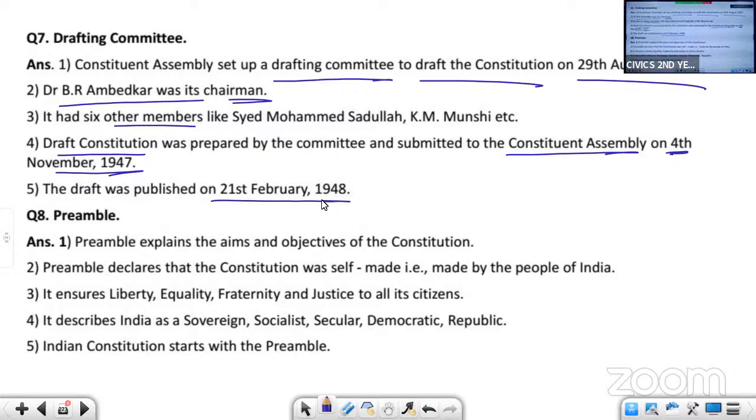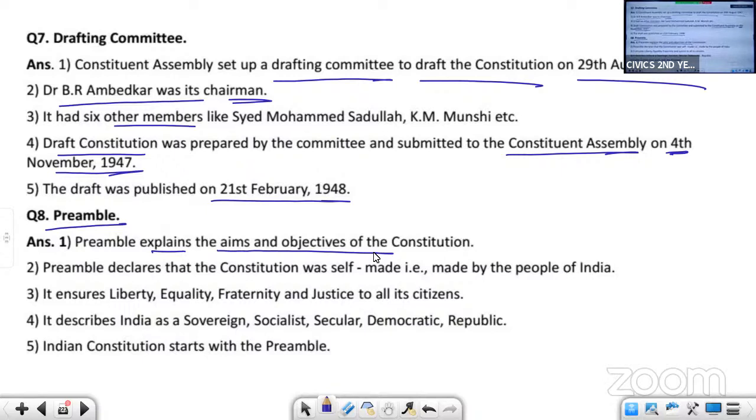The last question of this chapter is Preamble. You wrote it as a feature of the Constitution. So what is the Preamble? The Preamble explains the aims and objectives of the Constitution.